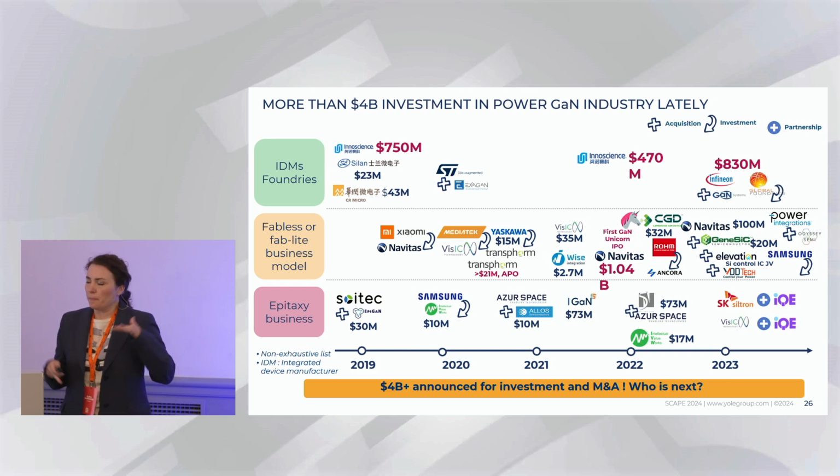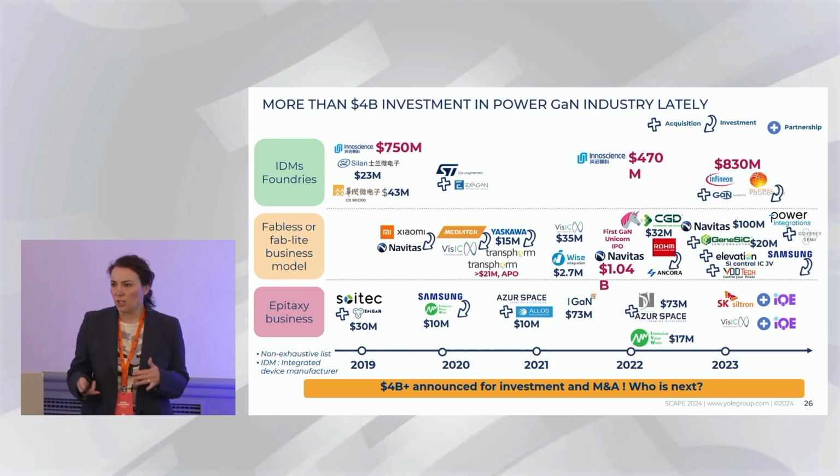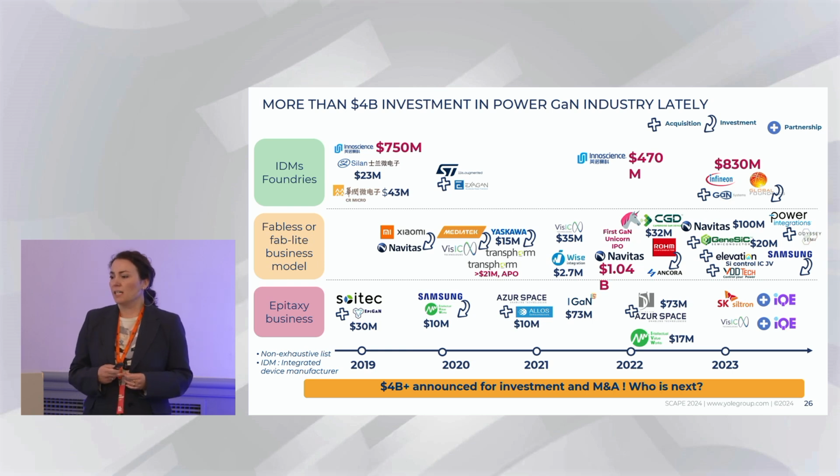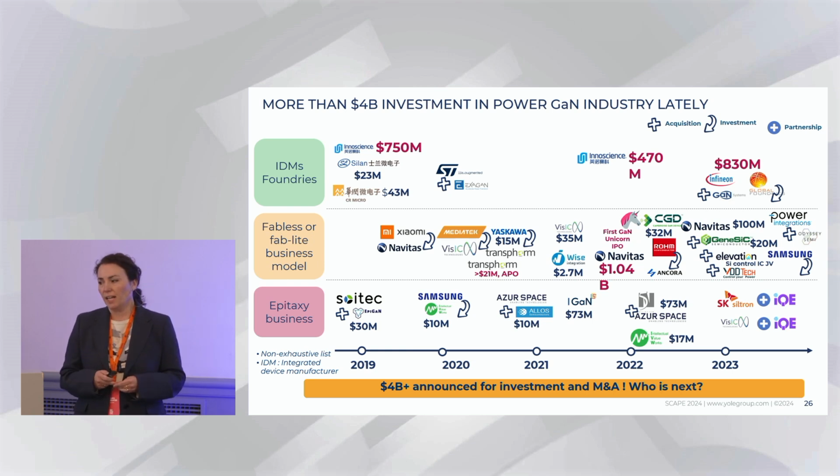You see the supply chain is changing again in the last 3 years. There is the epitaxy business with new players entering with new solutions and a lot of collaboration between the epitaxy suppliers with the fabless and fablite companies that are already there, and they collaborate with IDMs.